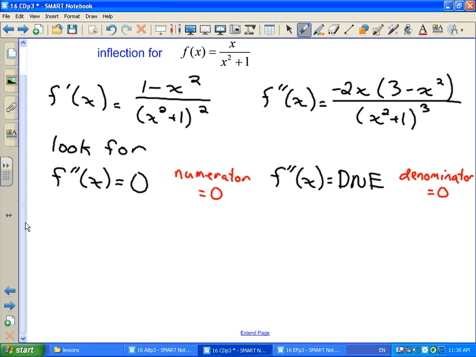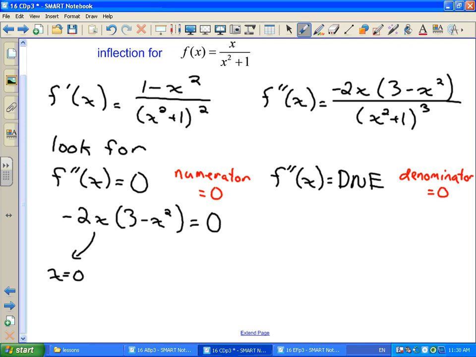So our numerator first. Negative 2x times (3 minus x squared) equals 0. And let's solve here. So we're going to have x equals 0.